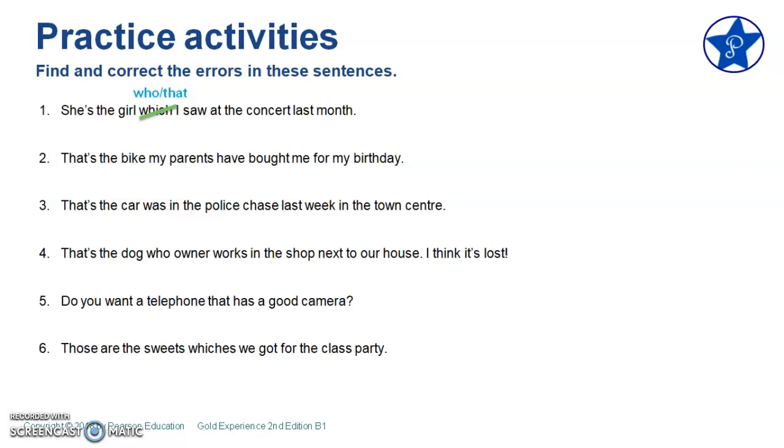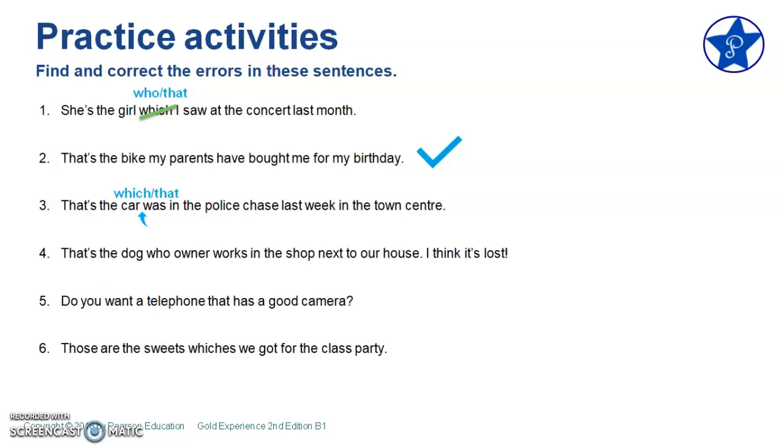That's the bike which my parents bought for me, or my parents have bought for me. So I know some of you thought that the relative pronoun was missing, but it wasn't. This sentence was correct. Number 3, that's the car. Now, yes, you're right.